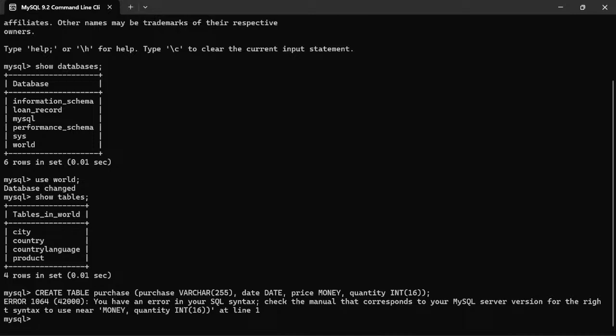Money. Okay. Money is not a data type. Okay, I have to see it then. As per theory, I know money is a data type. Means, SQL money data type. Let's see this.